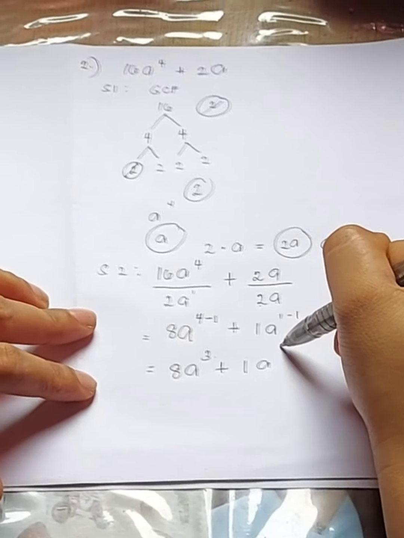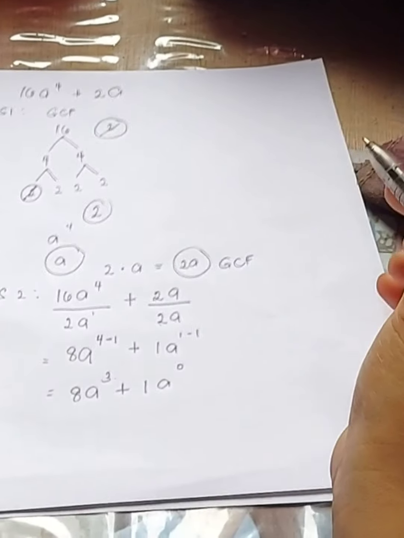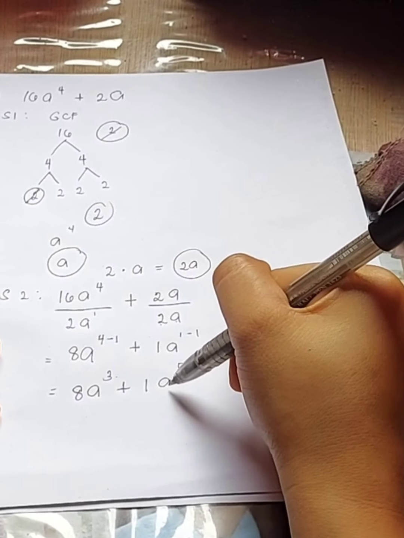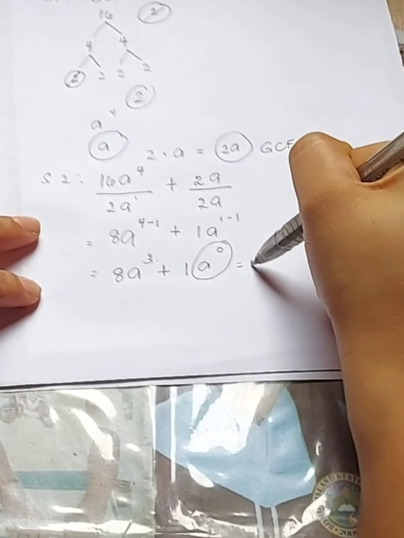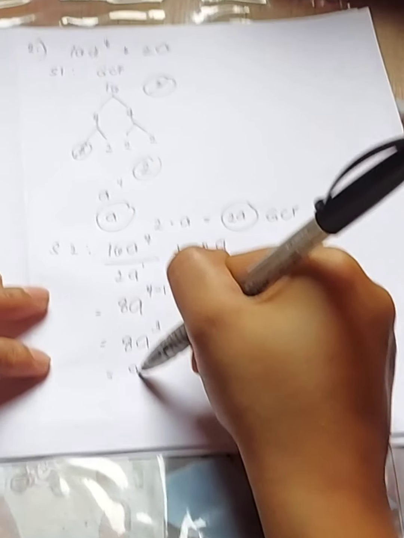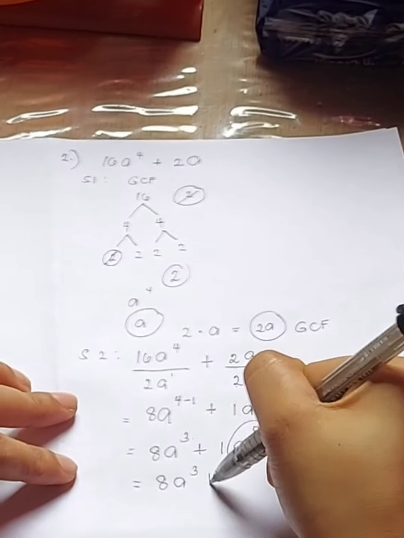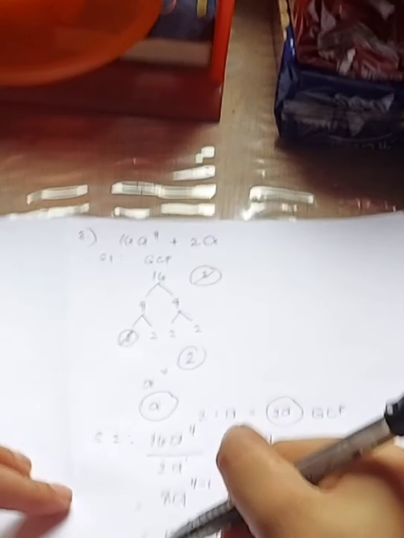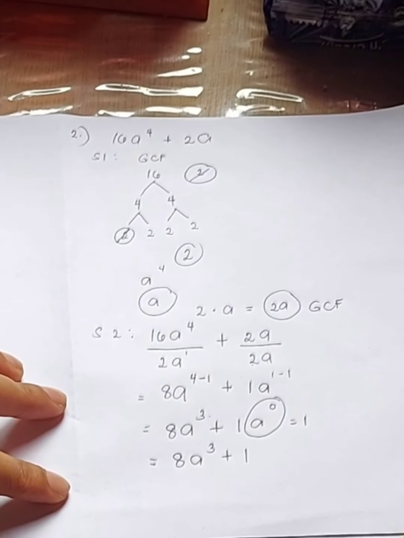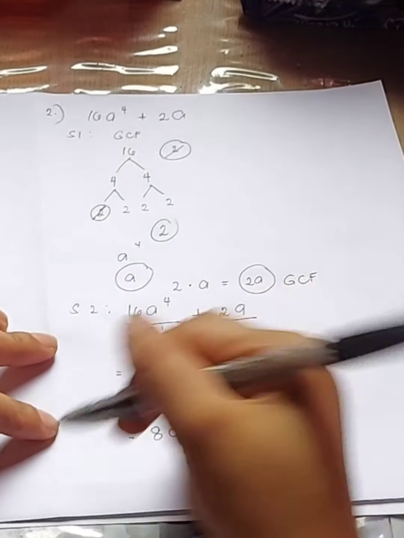a raised to 0. As I said a while ago, any number or variable raised to 0 is just equal to 1. So this would be 8a cubed plus 1 times 1 is 1. So that is the result of step 2.